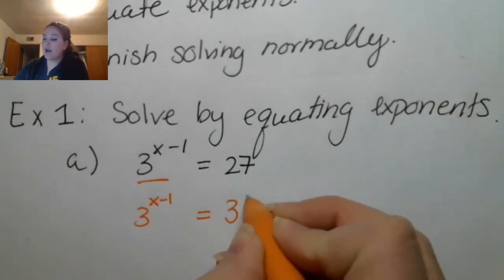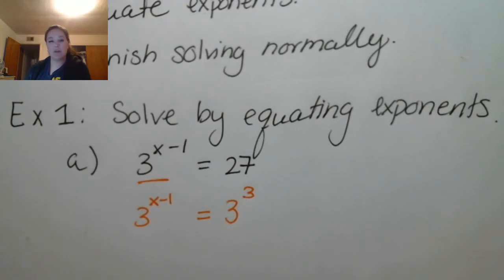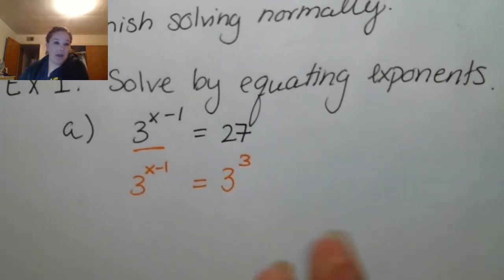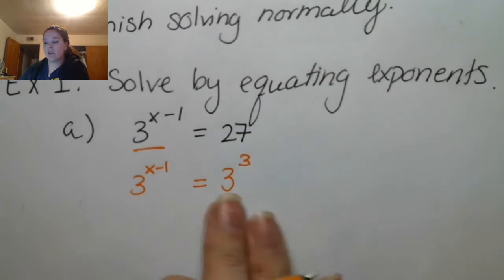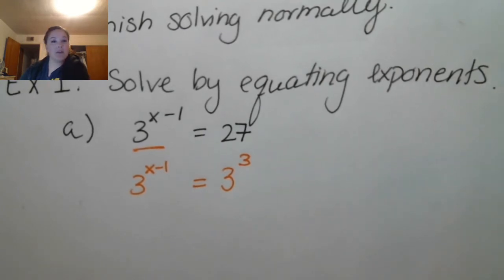So we'll rewrite it as 3 cubed. Now would come the time where we would simplify this if that was something we needed to do. We don't need to simplify this. It's already simplified. So here's the step that we're calling equating exponents. We can see that these two expressions have the same base and that they're equal to one another.